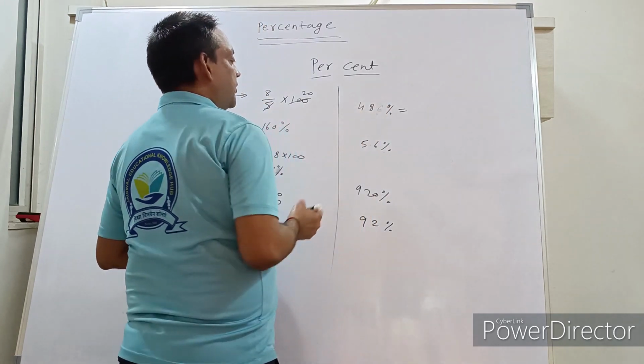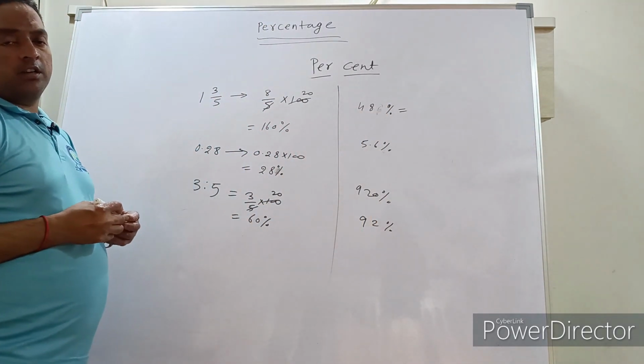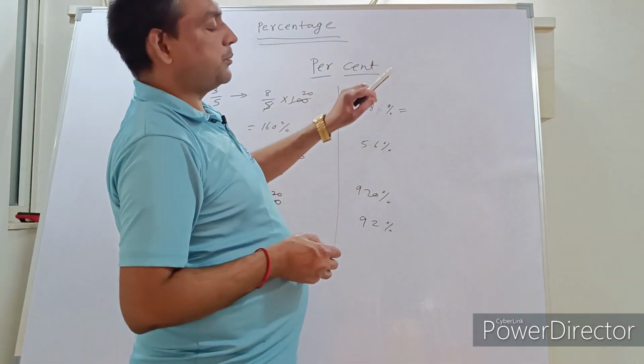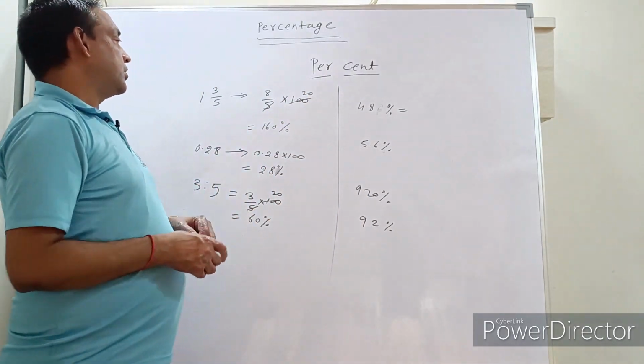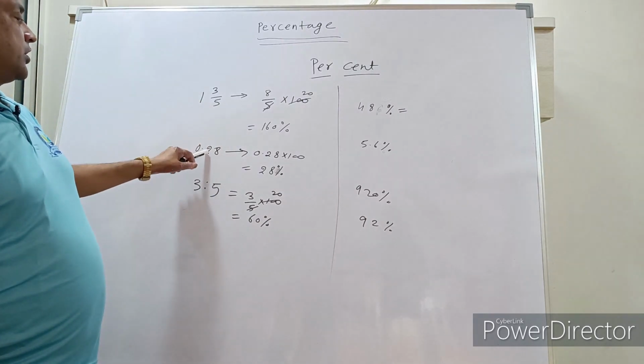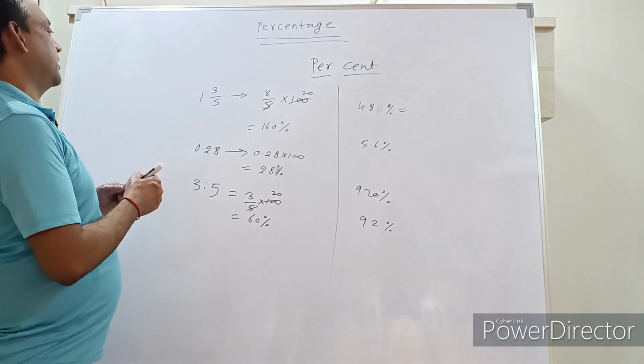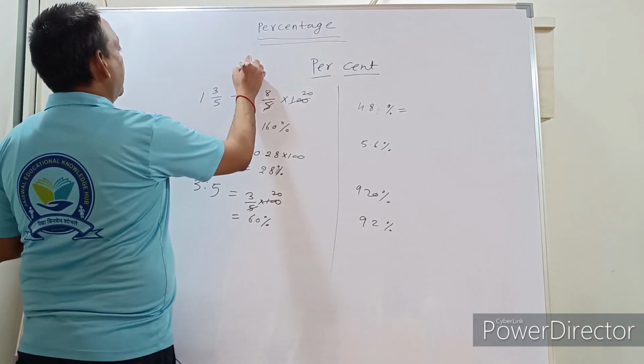Now suppose the first one 48%, convert 48% into fraction. Like how from fraction, decimal, or ratio to convert into percentage, we multiply by 100.